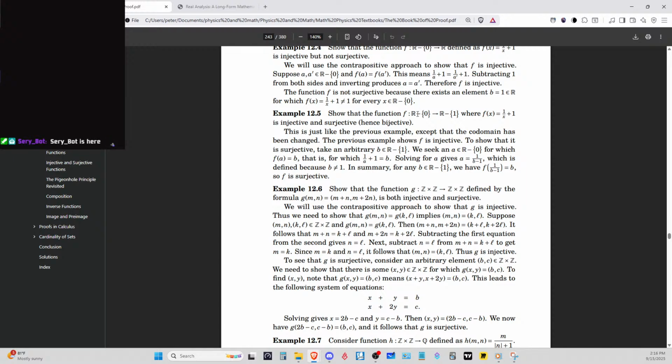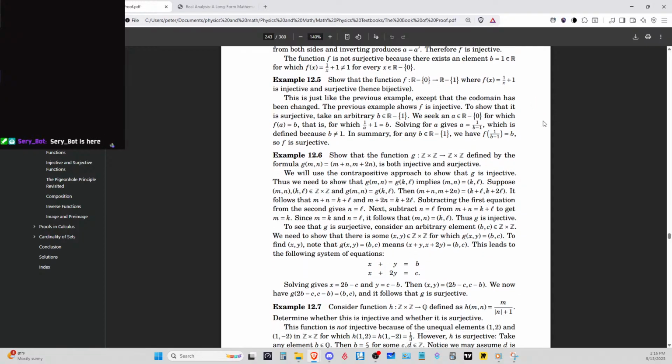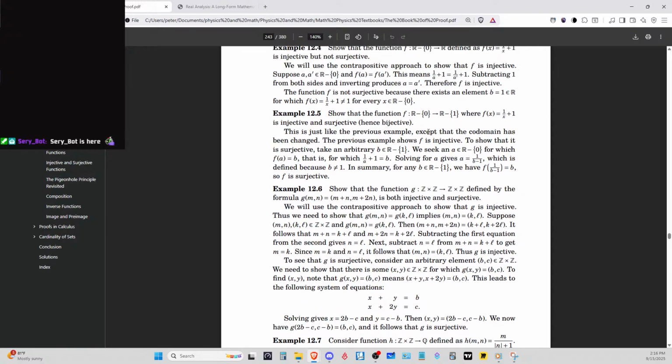Show that the function f is injective and surjective, hence bijective. The codomain has been changed from the previous example. To show that it is surjective, pick an element.